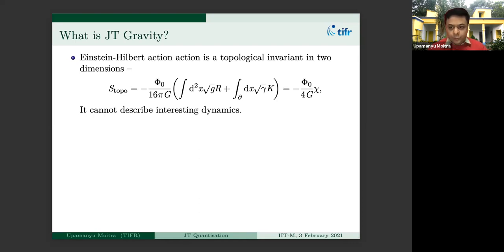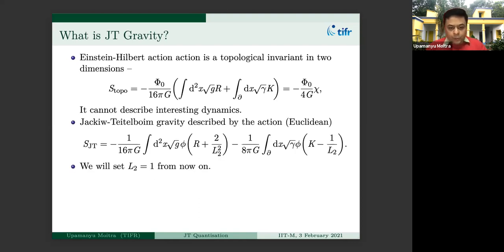So one has to couple additional matter in addition to the Einstein-Hilbert action. So JT gravity is described by this action, in addition to the topological action, of course, where there's a scalar field phi, which is coupled to the Ricci scalar in this way.